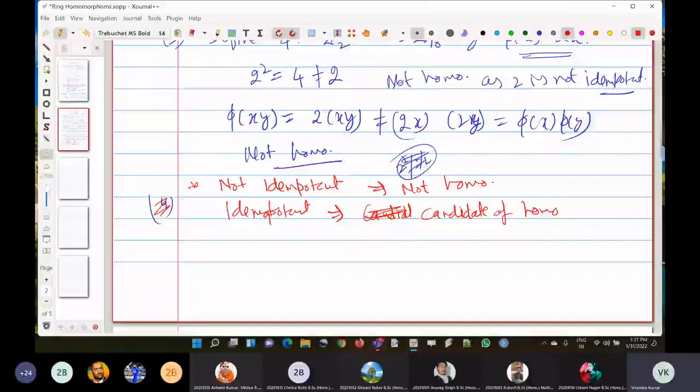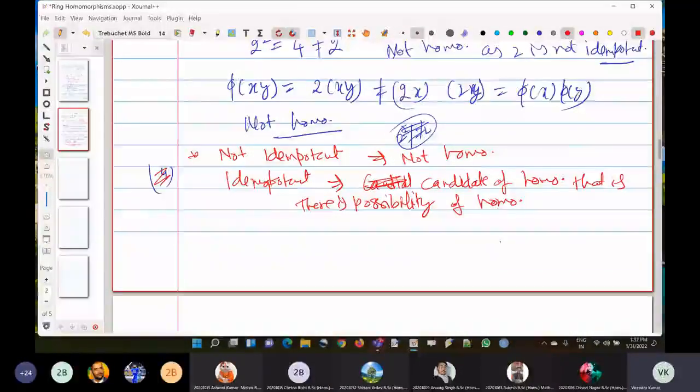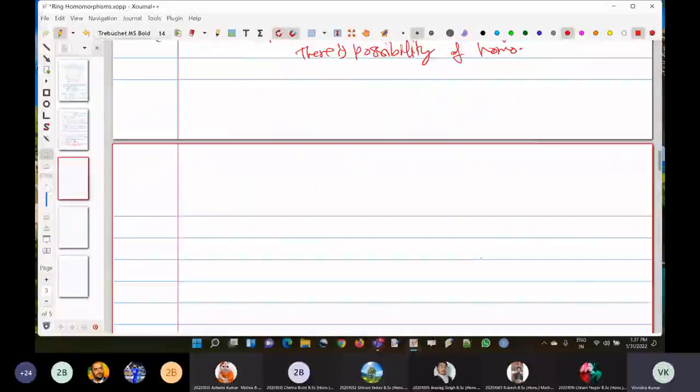Okay, that is a possibility, there is a possibility of homomorphism. Okay, so this we should note down.